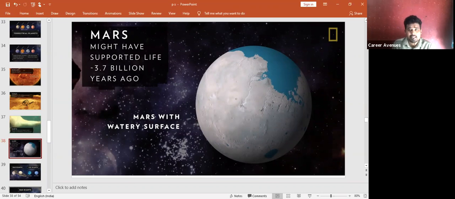These heavily charged particles have the ability to evaporate the entire oceans of Earth within no time. Since there is no magnetic field around Mars, there is no life, there is no water at all, and its atmosphere is very, very thin, that is 1% of the Earth. So this figure is 3.7 billion years old. Right now, this planet looks like a red giant.